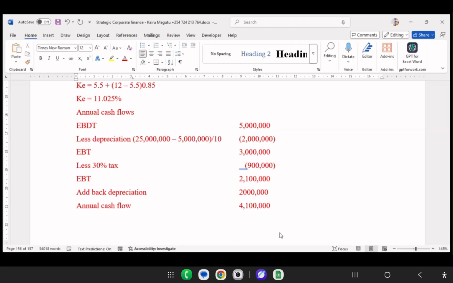Remember, we can determine the annual cash flow using a different approach. We also need to note this. I can give this one as a note. Annual cash flow may also be determined by the earnings before interest and tax, you multiply by 1 minus tax, then you add the depreciation tax shield.